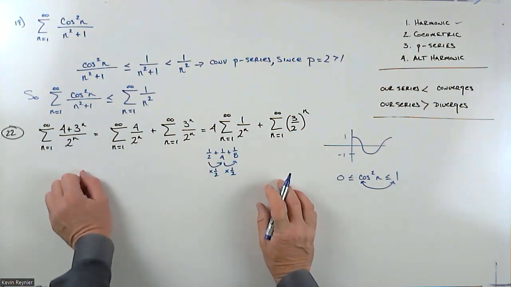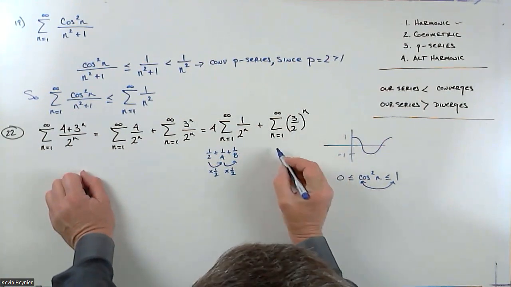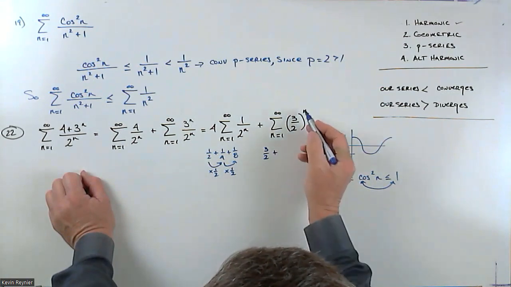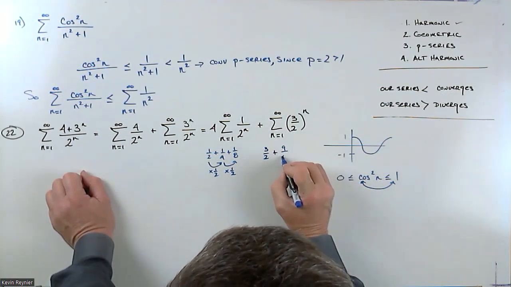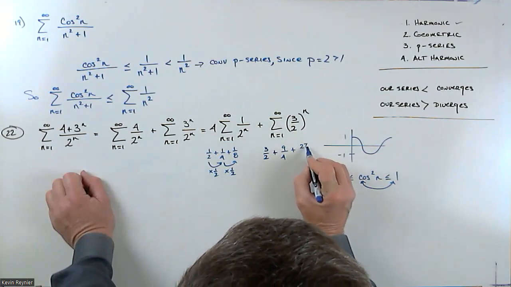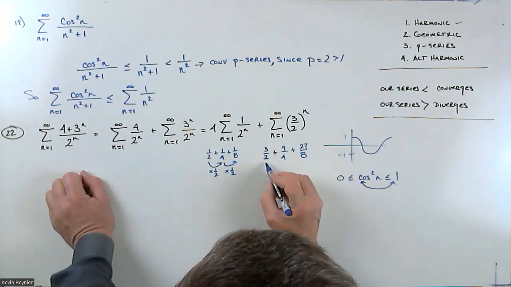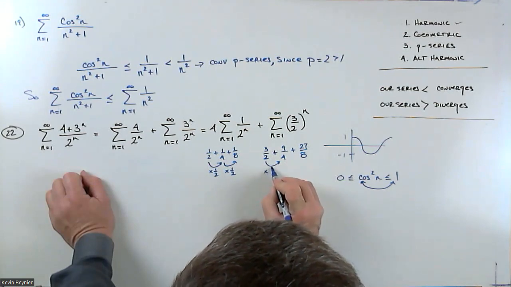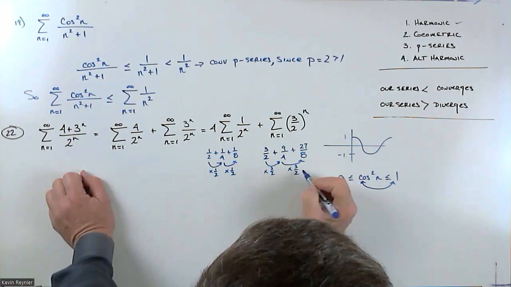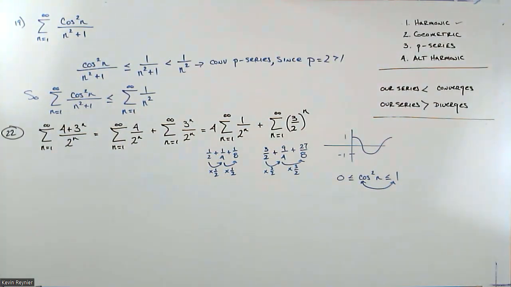What do we get over here? Well, when n is 1, we get 3 halves. When n is 2, we get 9/4. When n is 3, we get 27 over 8. Here, we multiplied by 3 halves. So these are both geometric.